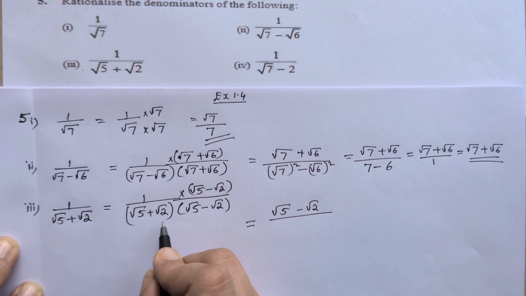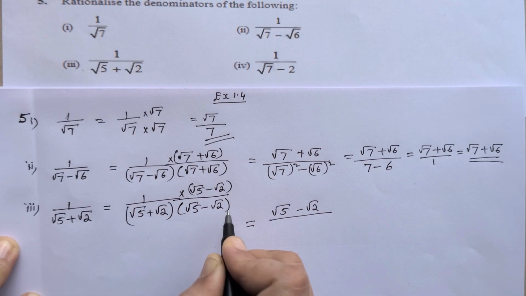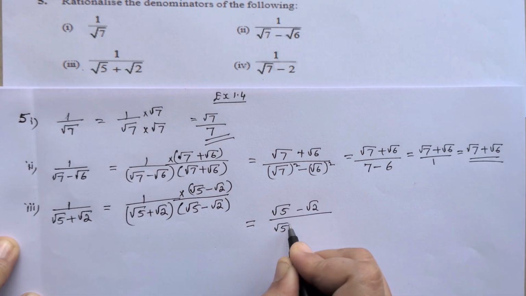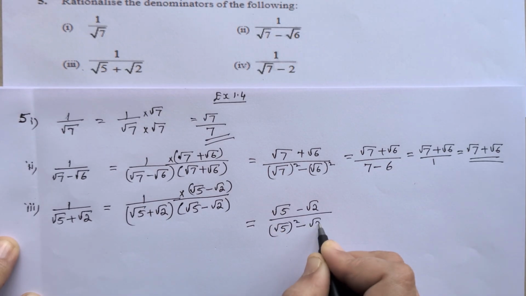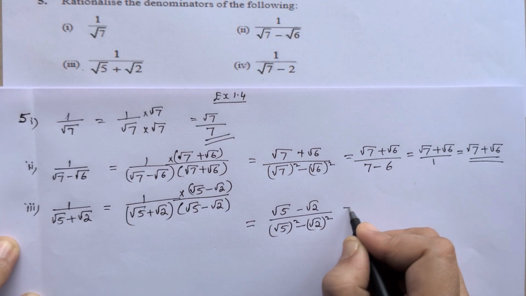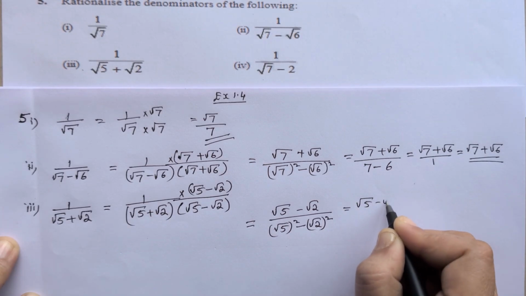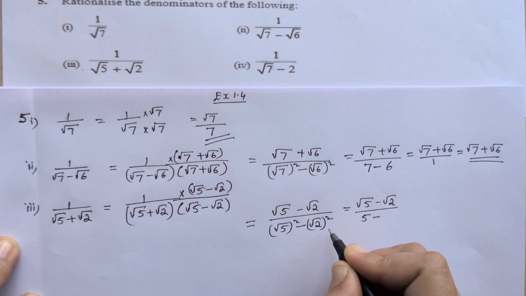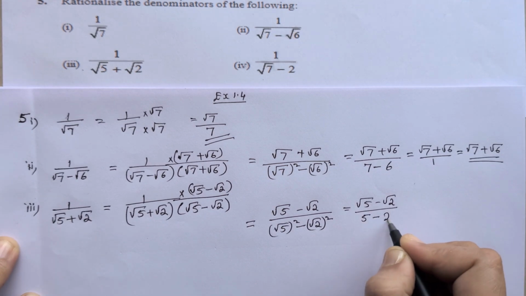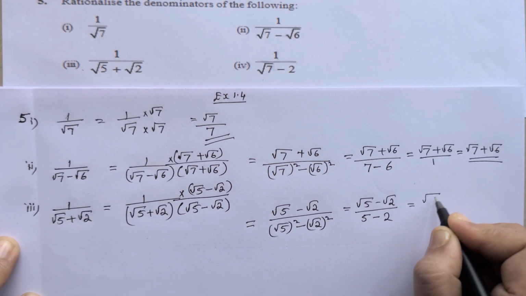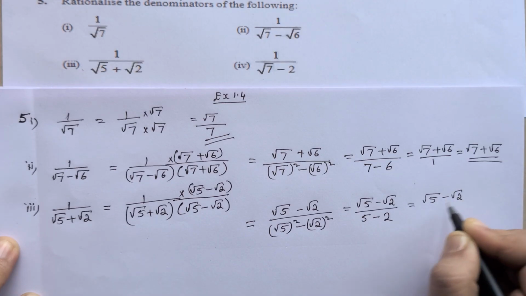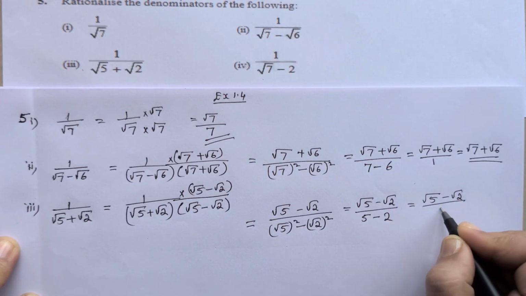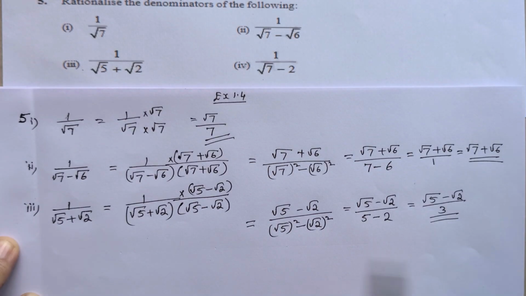Denominator again is of the form (a plus b) into (a minus b), so a square minus b square: root 5 square minus root 2 square. Numerator same, root 5 minus root 2, divided by root 5 square which is 5, and root 2 square means root 2 into root 2, which is 2. So it is equal to (root 5 minus root 2) divided by 5 minus 2, that is 3. That's the answer. Now we have removed the root sign from the denominator. That's what is called rationalizing the denominator.